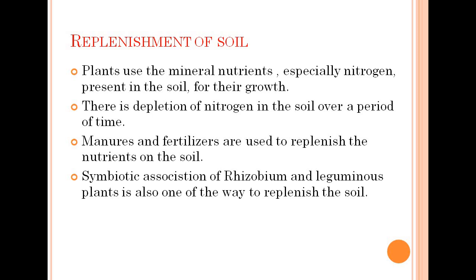That is a natural way of replenishing the soil with nitrogen. Sometimes farmers grow leguminous plants alternately with other crops to restore the nitrogen content of the soil. So in this case, we have seen how the soil is replenished.